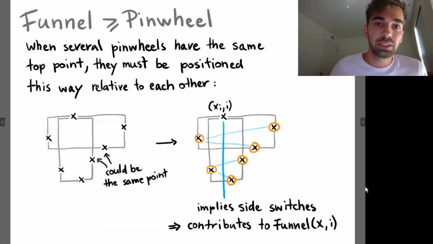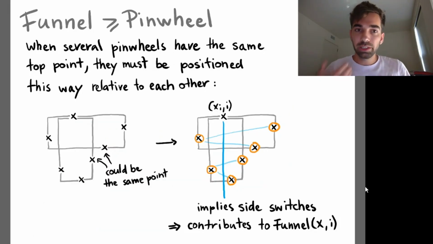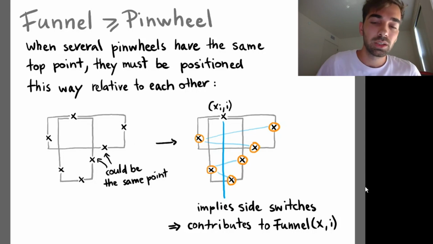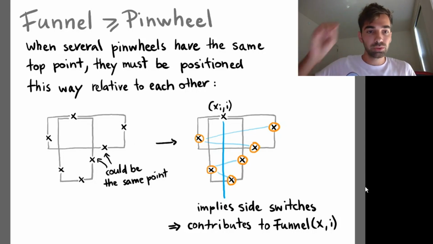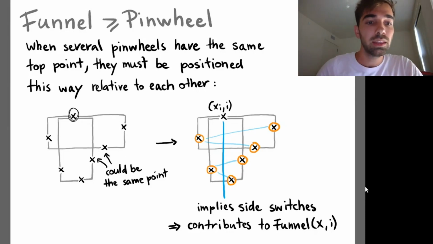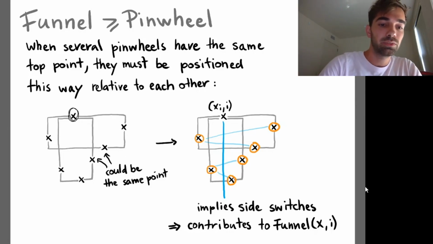The other side of it is to show that when there's many pinwheels in the plot of X, then the funnel bound must be large as well. And the key for this is to observe that if several pinwheels share the same top point, so if they share the same point here, then they must be in this specific configuration.